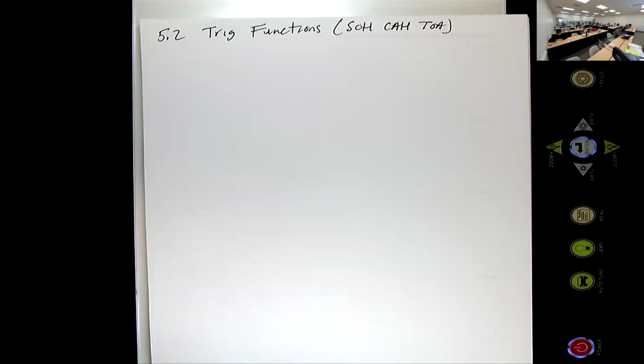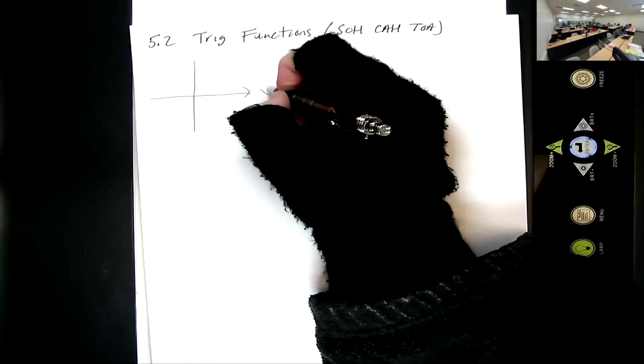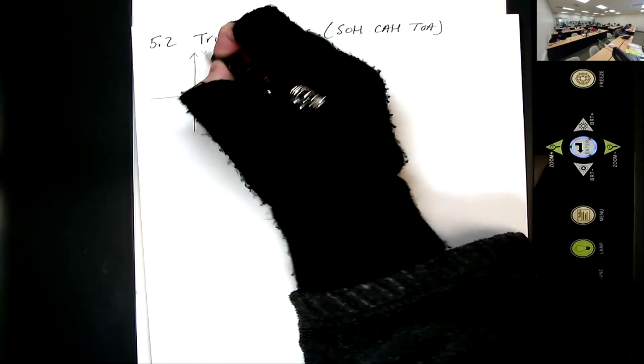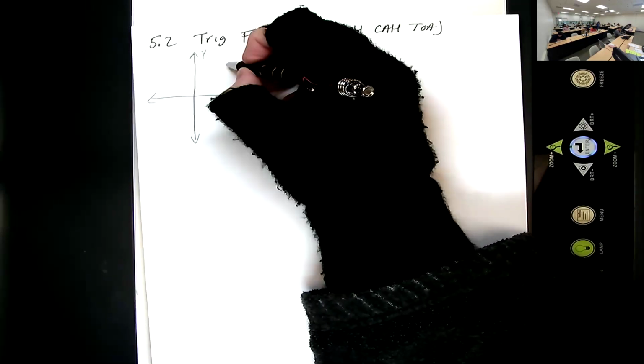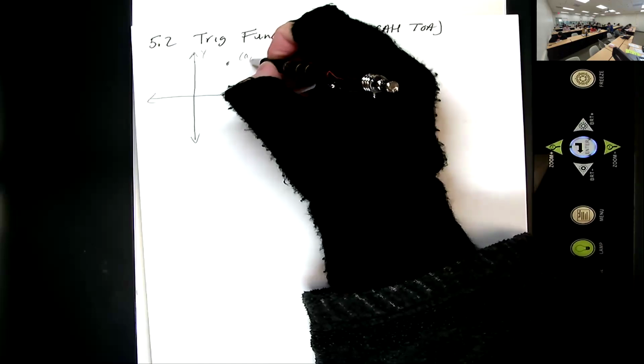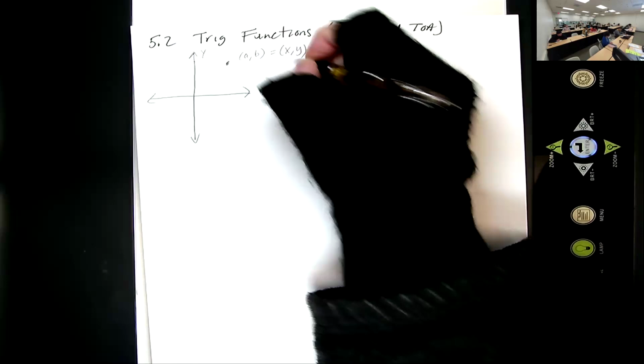So to start this off, let's say I've got a little x and y graph here. One way of having a coordinate like a comma b or x comma y, we can just have the ordered pair there.